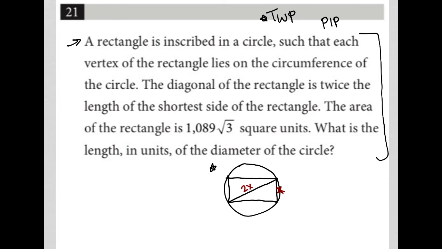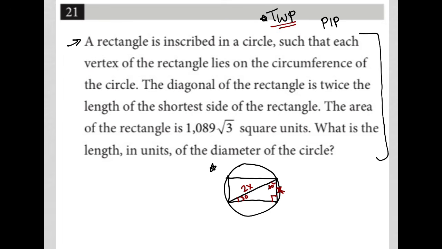Now, this looks a bit familiar to me, and hopefully it looks familiar to you. This is a right triangle that we have once we draw that diagonal, and having a short side that's x and a hypotenuse as 2x really means what we're dealing with here is a 30, 60, 90 right triangle. So, this is probably some of the translation portion here, right?